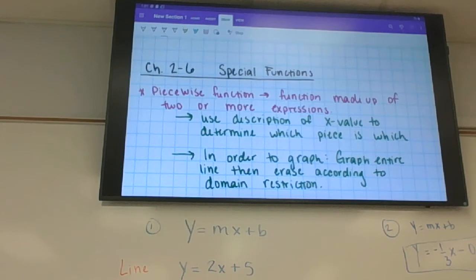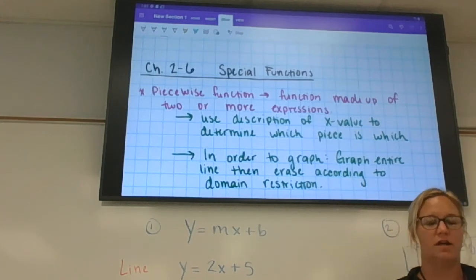A piecewise function is a function made up of 2 or more expressions. So it's going to be like a ray and another ray, and they call it all a part of the same function. So they're breaking down a line, and instead of it being one continuous line, it's called discontinuous. They pause in the middle and make it a different line altogether.